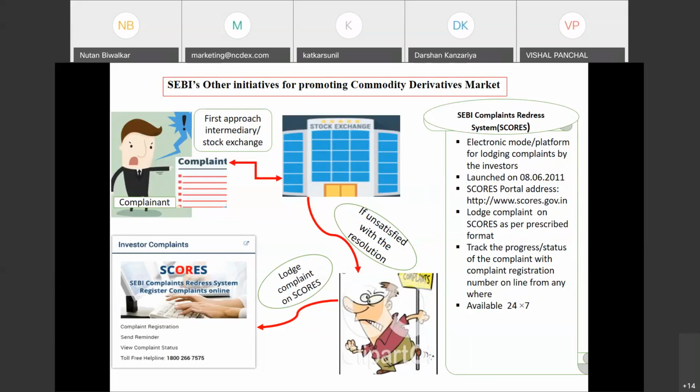If you have any complaint with the RBI or Ministry of Commerce or any other private or public sector institutes, that will not come under the SEBI portal. Only complaints connected to trading on the stock exchanges which are registered under or recognized by SEBI.